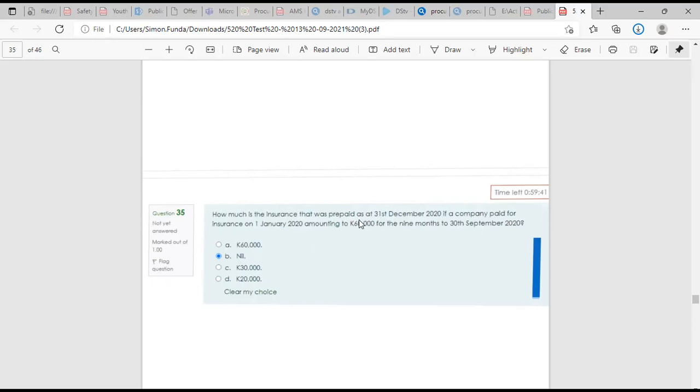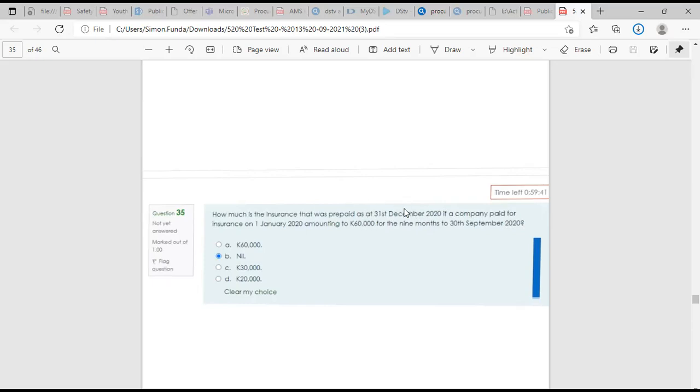So from January, for 9 months, it was paid up to 30th September.